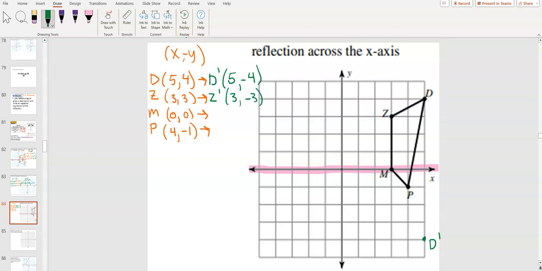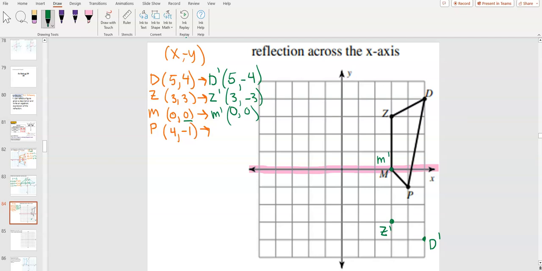So Z, 1, 2, 3, right there. M prime is already at 0, 0. If I change the sign of 0, it's still 0. You can't have a negative 0. So M, because it's on the line of reflection, is also M prime. This point is both M and M prime.